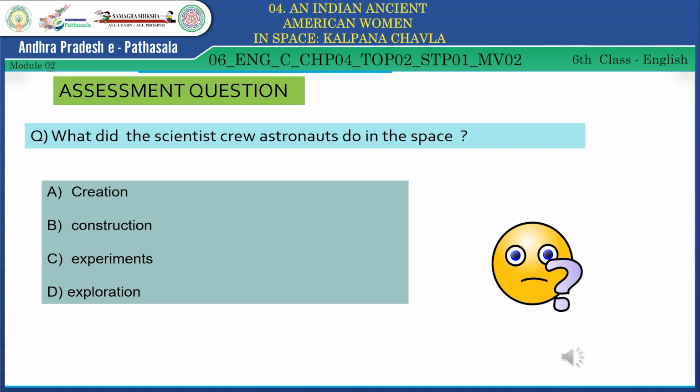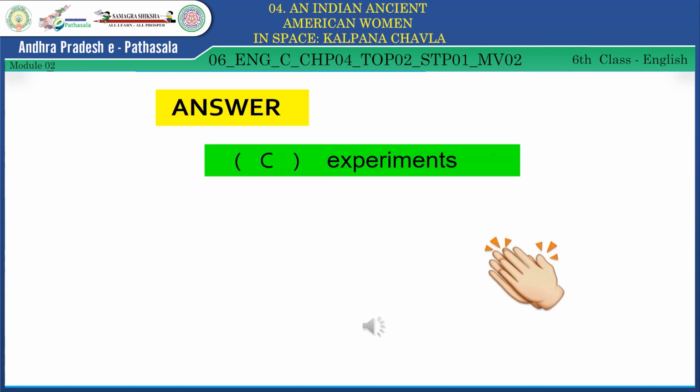Option B, construction. Option C, experiments. Option D, exploration. Among these options, which is the correct one? Come on, think yourself. Good. Your answer is correct. Option C, experiments is the correct answer.